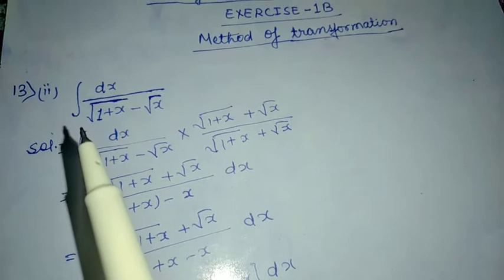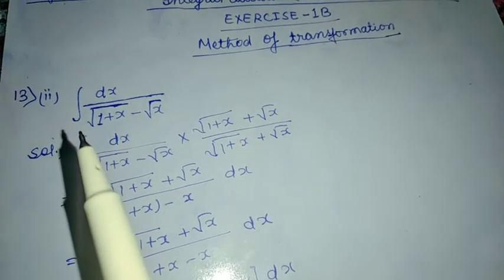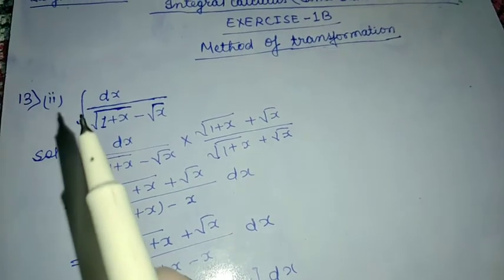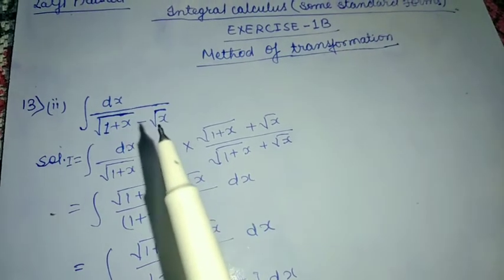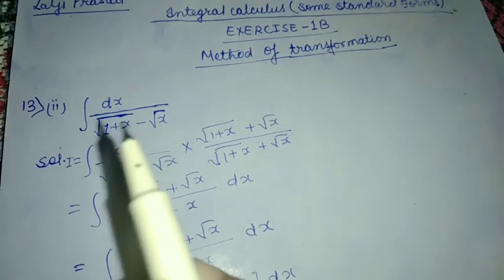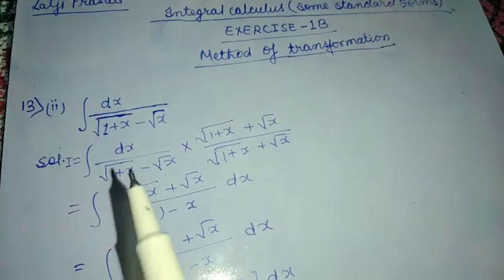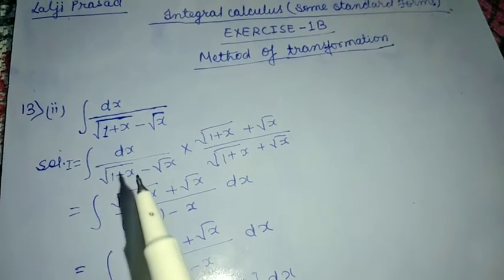Here you will see the second part of question number 13, which is integration of dx upon square root of 1 plus x minus square root of x. For solving this question we have to rationalize the denominator.